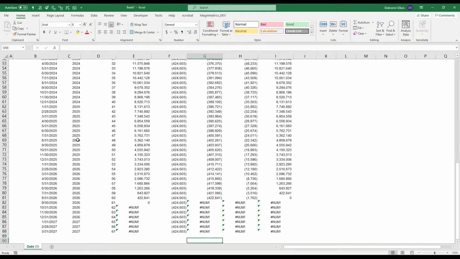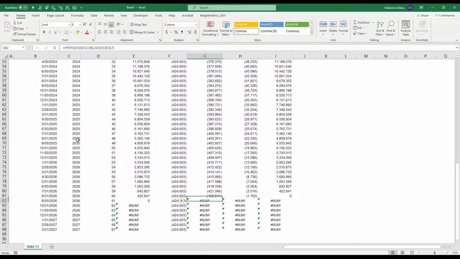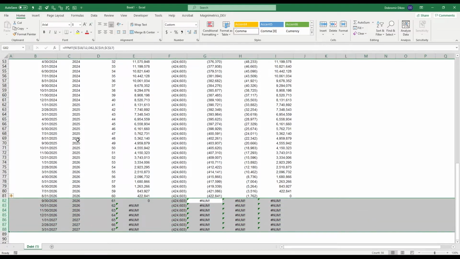And you can see that as soon as we go beyond period number 60, we're getting an error, because now the number of periods is below the current period. So the formula doesn't know what to do. So we can just clean those.